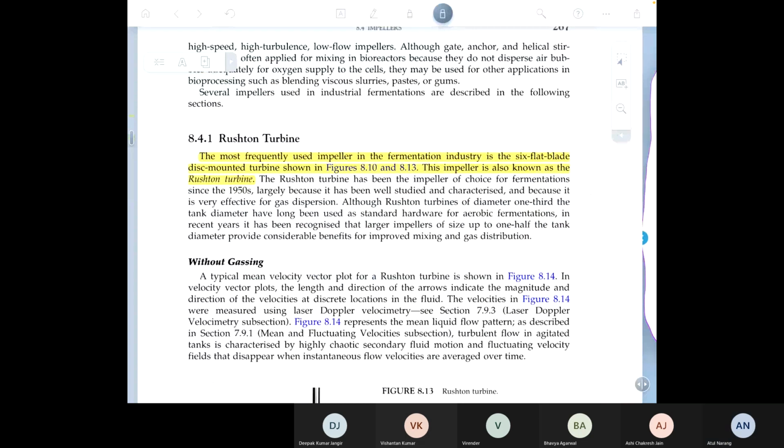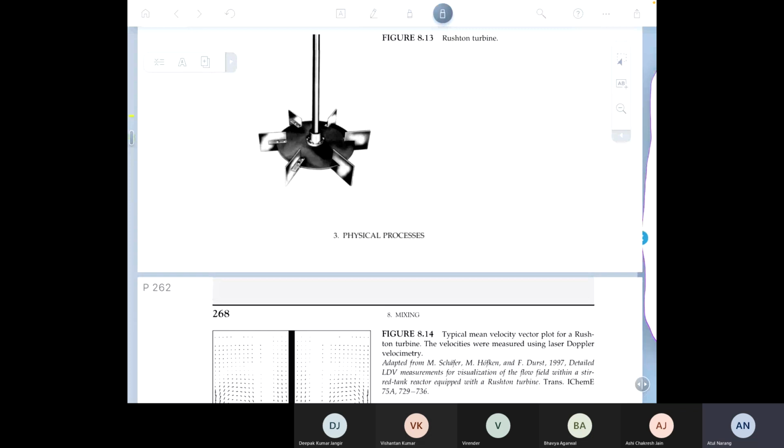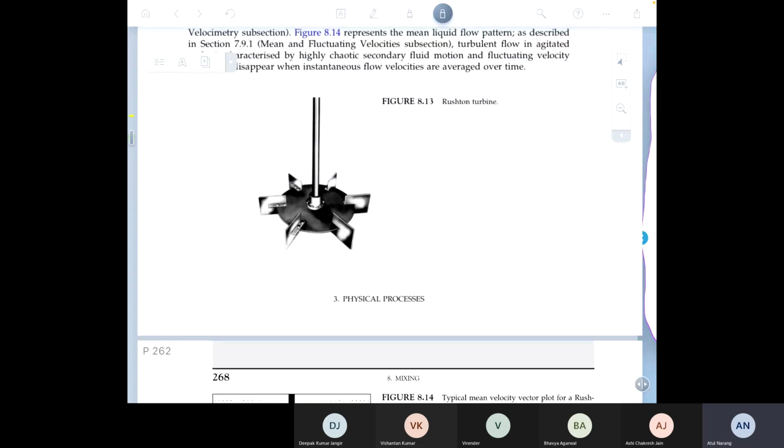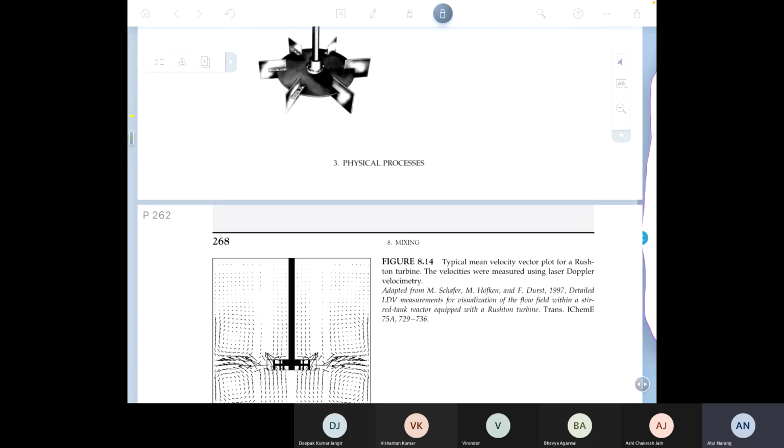I should just point out there is something that I have not done in much detail. I've covered pretty much everything, but section 8.4.1 describes in great detail the flow patterns that are observed.